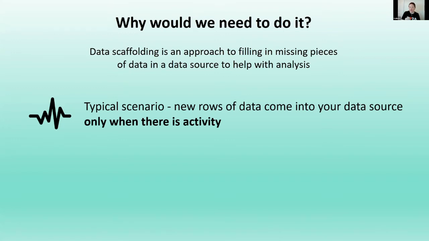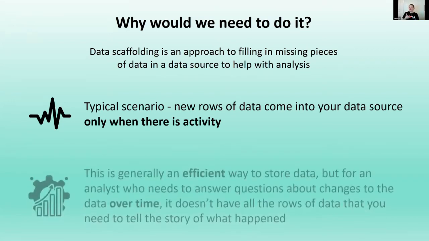So only when there's activity, when there's an update, when you subscribe to Netflix or Spotify or something. Chances are they may only have a piece of information about you when you change something. It's not like you have a record every single day. You might have a record only when you change something. That's quite common in my experience.